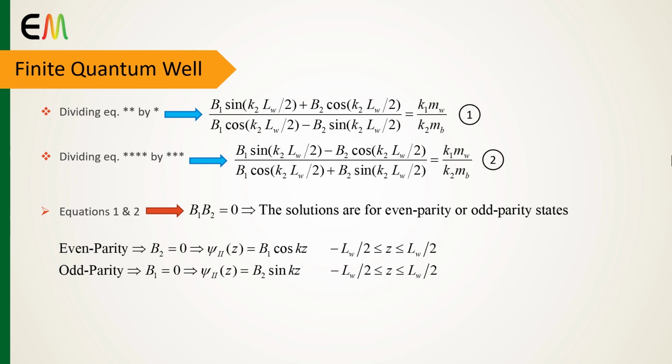For even parity states, we have a 0 value of b2 and psi is in cosine form, and in odd parity states, b1 equals 0 and psi is a sine wave in the well region.